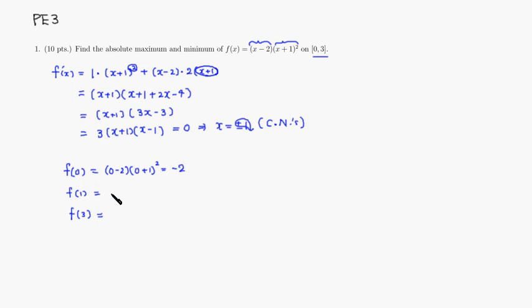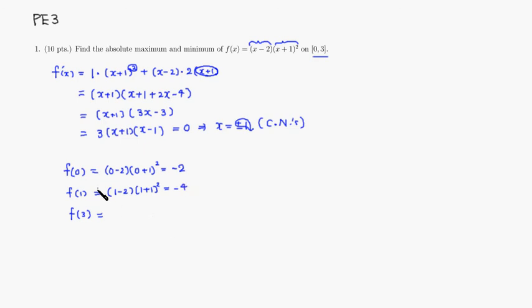If you plug in positive 1, it's going to be (1 - 2) times (1 + 1)^2. So 1 plus 1 is 2, squared is 4, times minus 1, so it's negative 4.